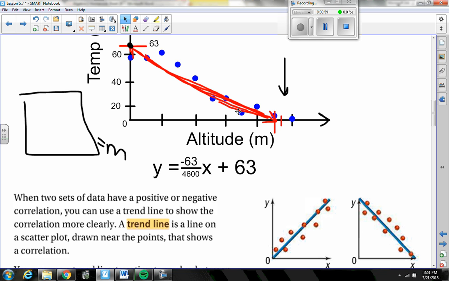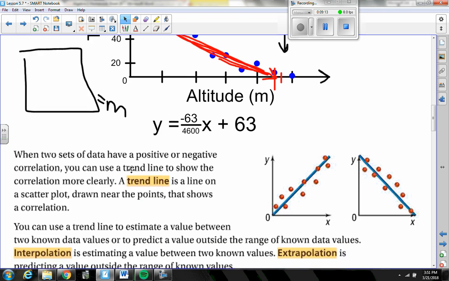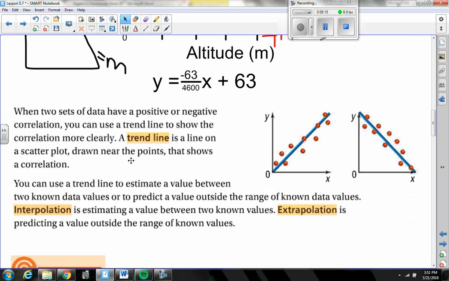And when we use the equation that we're writing to estimate other point values that we don't necessarily have on our scatter plot, we're either doing what's called interpolation or extrapolation, and I need to talk about that here before we end this video. So as it says here, we can use a trend line to estimate a value between some of the data values we know.